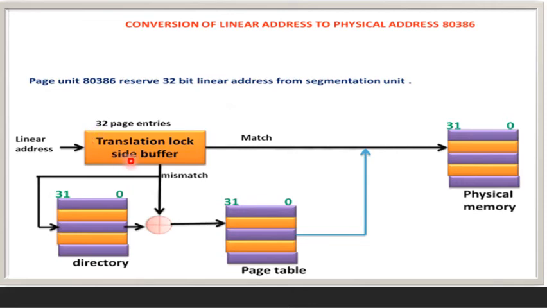Whenever it matches, the 32-bit physical address is computed from the matching TLB entry and put on the address bus.